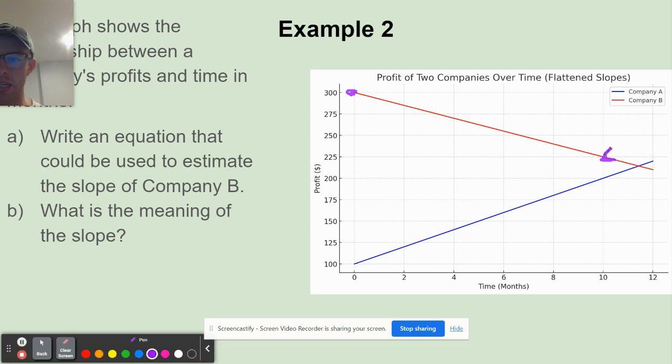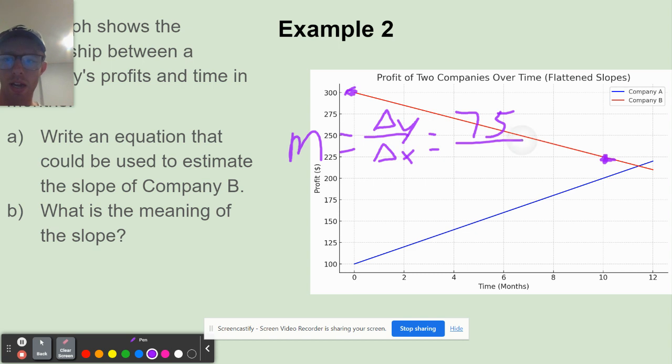So from here to here, we know an equation for slope is the change in y over the change in x, right? So from this point to this point, how much did my y change? Well, it looks like I went from 300 to 225. And so 300 minus 225 is 75. All right, so we changed by 75.